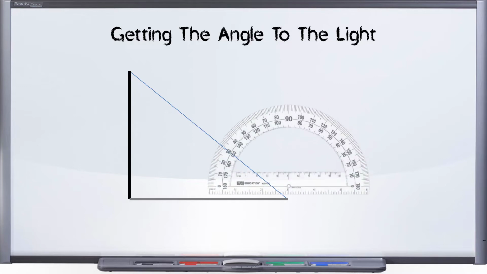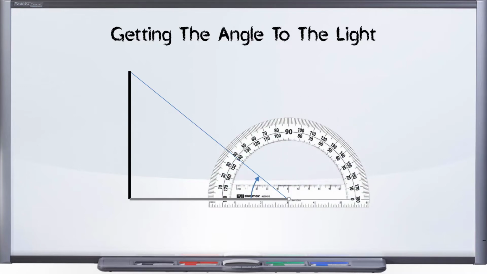So to measure that angle, we will just drop a protractor, and in this example, it looks like I got about 39 degrees. Okay, but this is just a made-up example. Now, when we do this, what we've done is measured the angle that the light is coming in towards our object. Okay, that is the angle from the light source to the object.